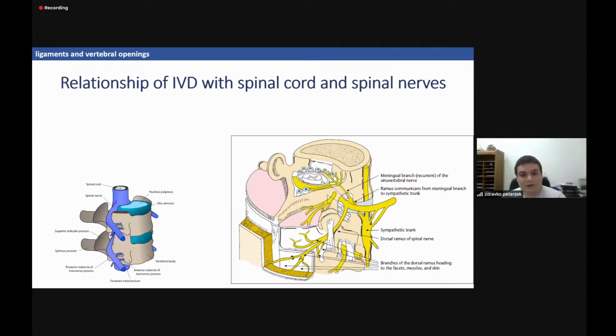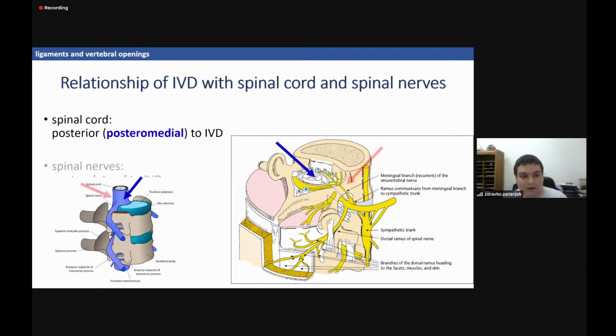Next, we will talk about the relationship of the intervertebral disc with the spinal cord and the spinal nerves. First, it's important to understand that the spinal cord is directly posteromedial to the intervertebral disc, while the spinal nerves are located posterolateral to the intervertebral disc.